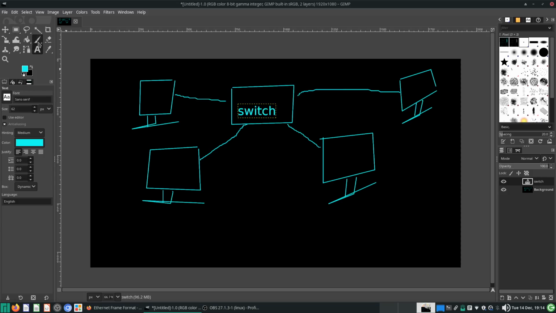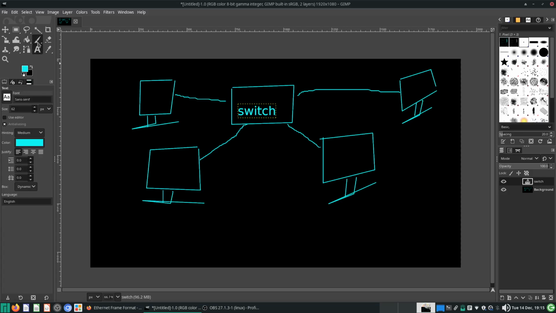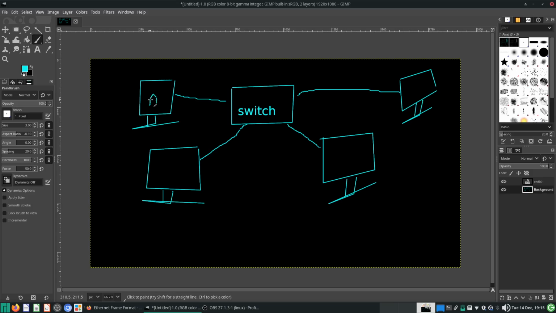Now, I said before that what the switch enables us to do is for computer A to be able to talk to computer B without interfering with the signals between computer C and D. So this switch acts as some sort of traffic control, right? We call this traffic control.